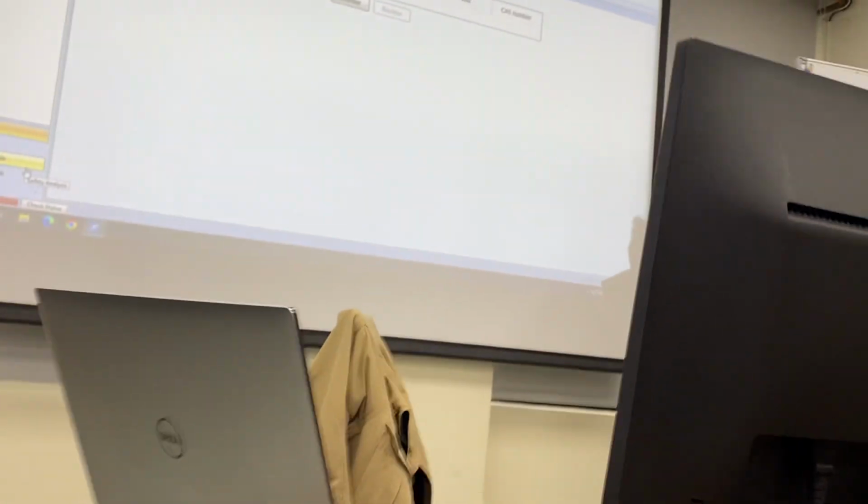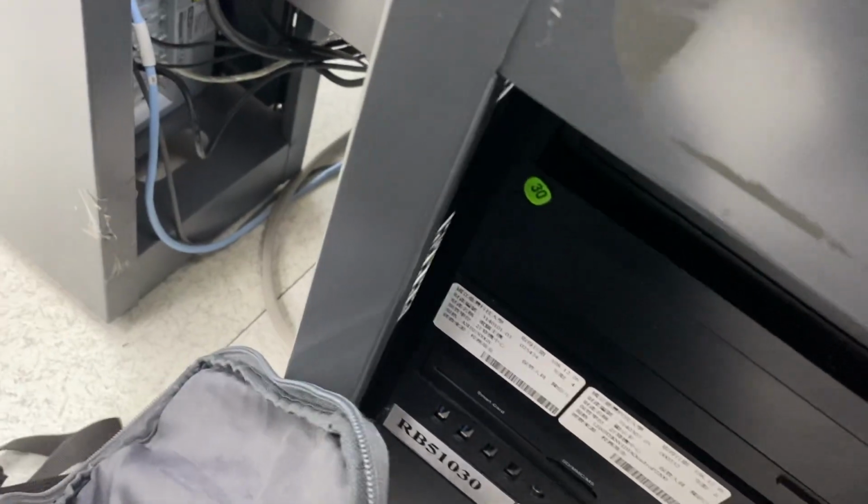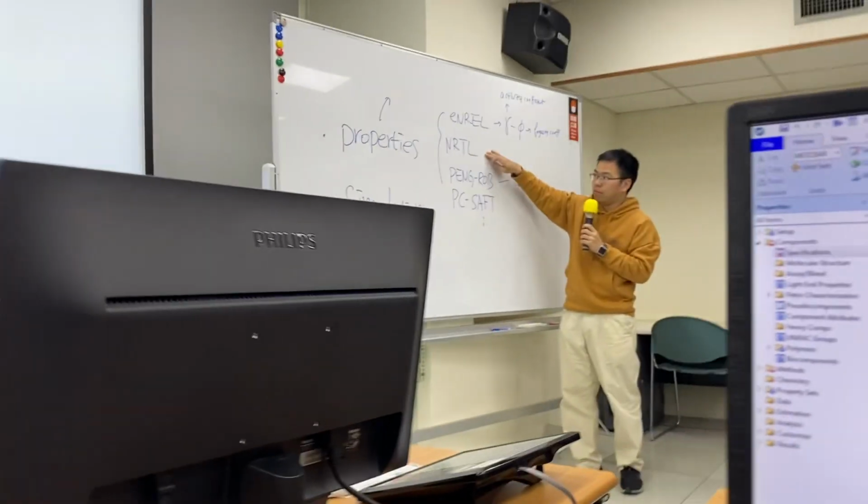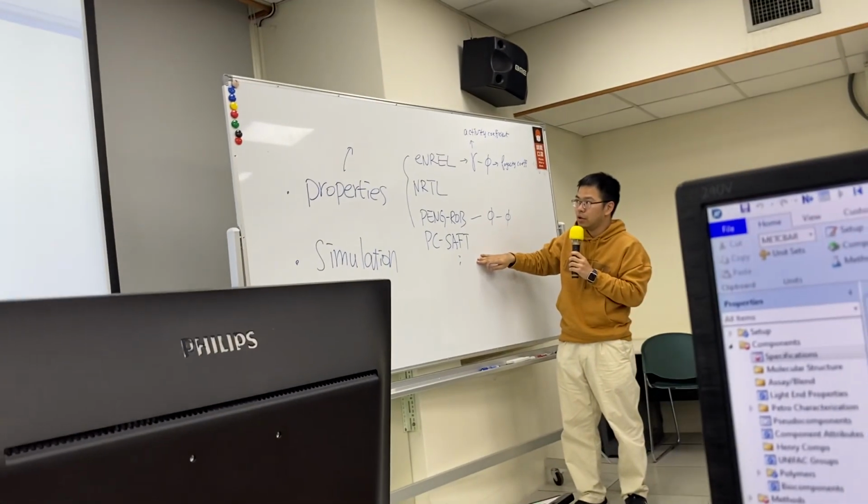of your model, process model. Indeed, the properties, it means properties. It is not only the thermal models you are going to select, but also the property packages for each model you select.